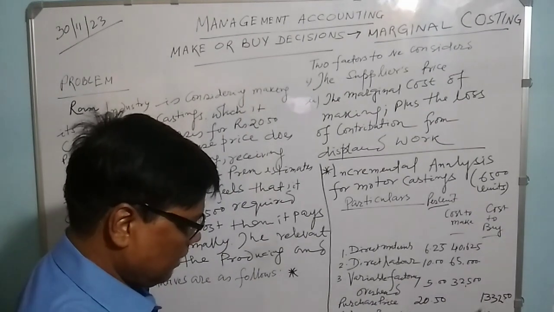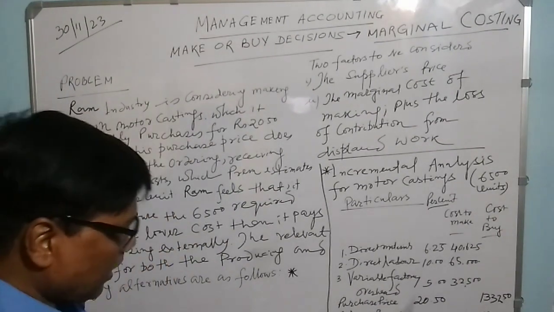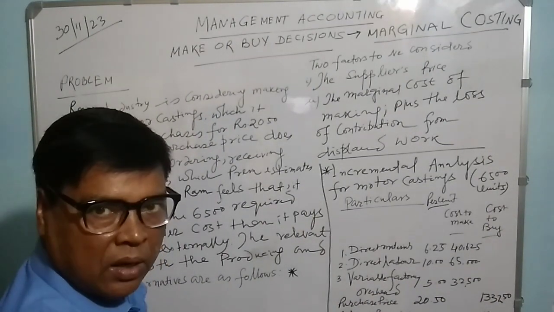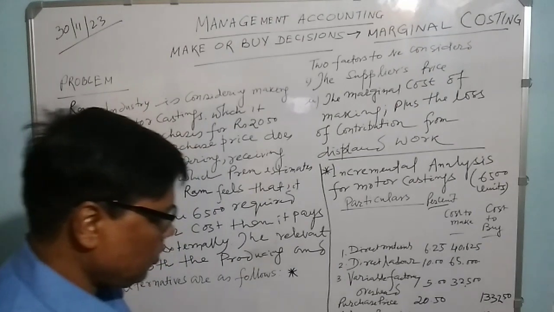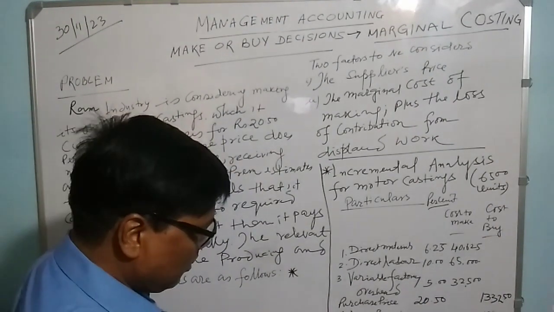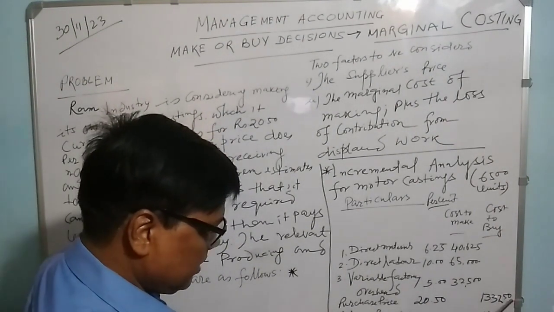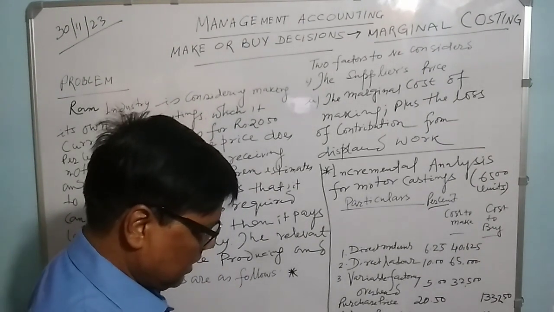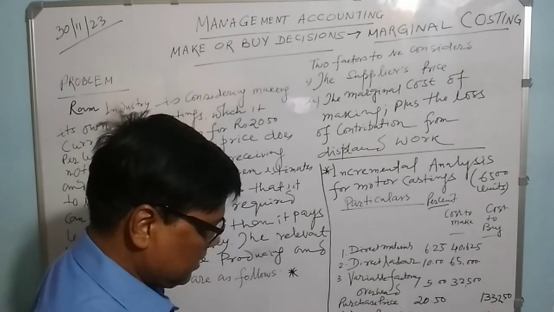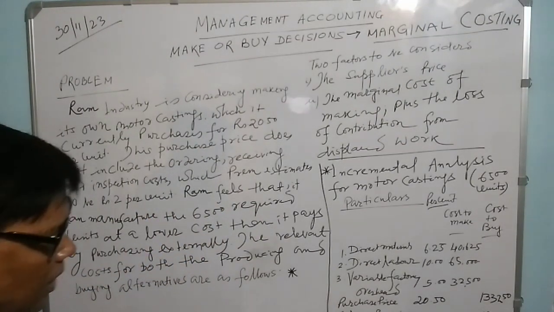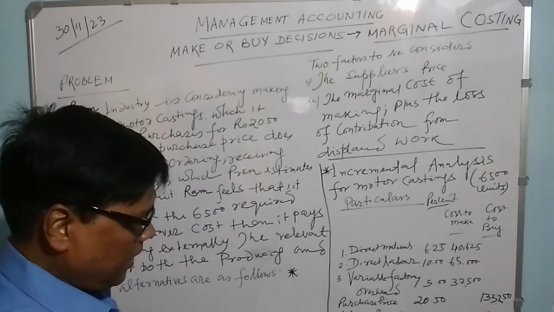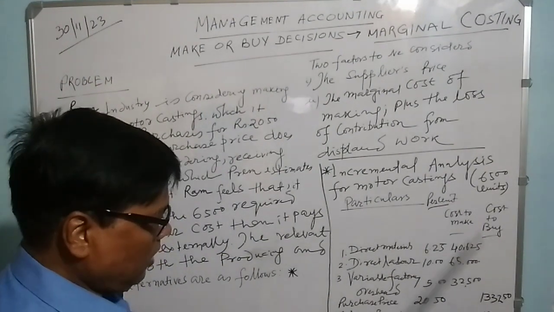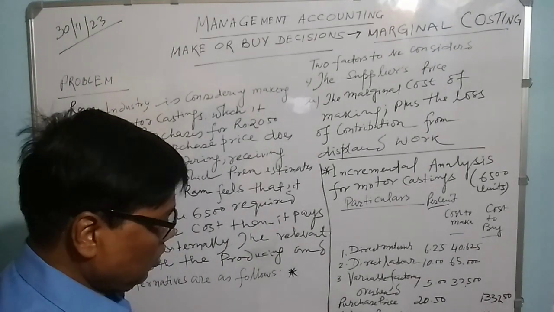That is total coming together 13,000. So in this case, your making cost is total 1,38,125 and your buying cost 1,33,250, plus your ordering and other relevant cost 13,000, taking together 1,46,250. So from here itself, you understand which will be beneficial for you, either buy or make.